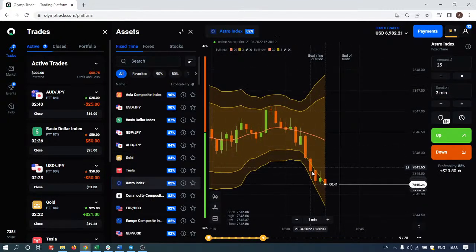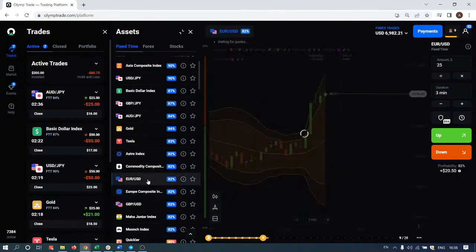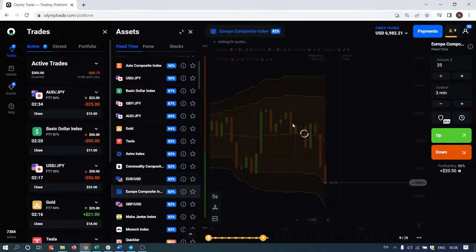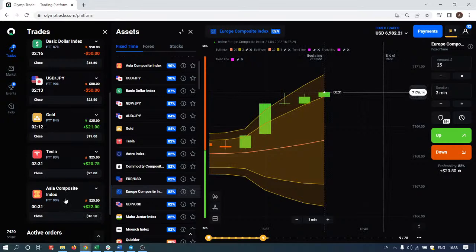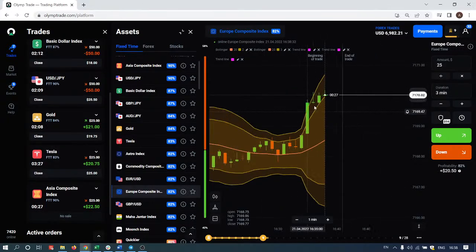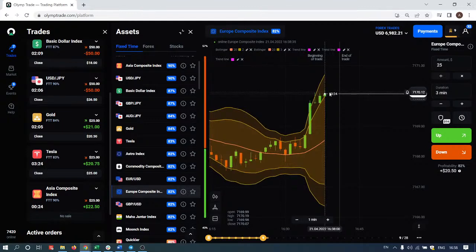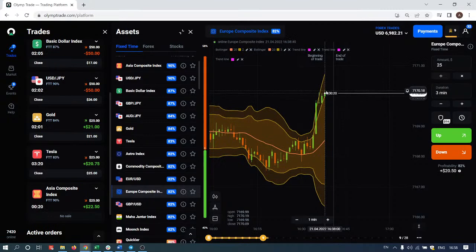So yeah, right, Astro, Europe Composite Index, yes. It's fine.